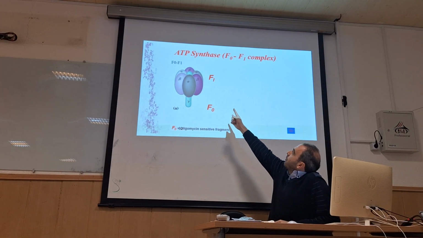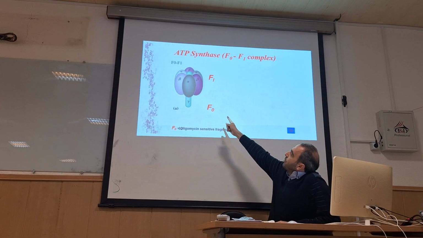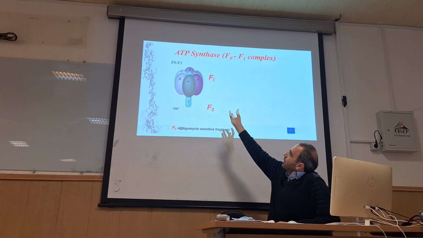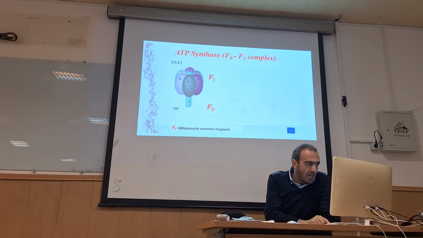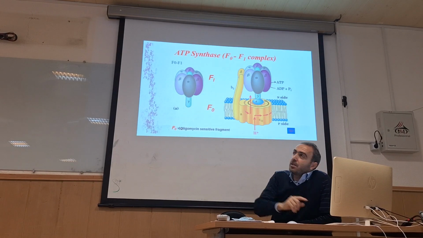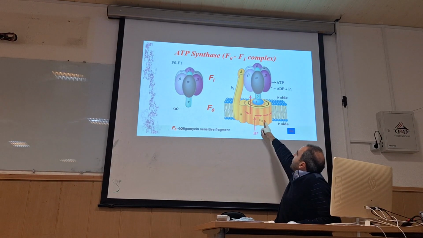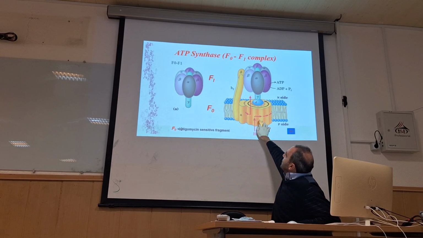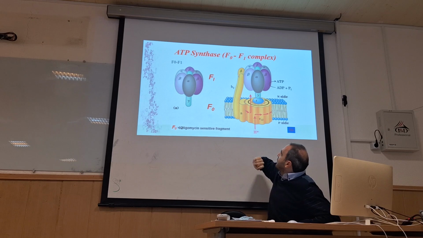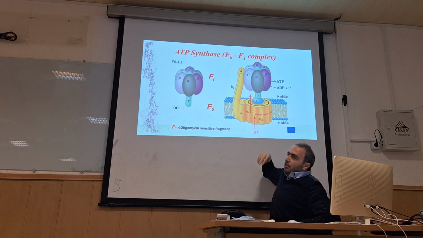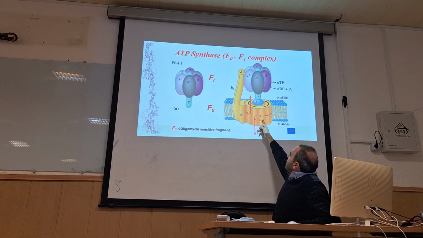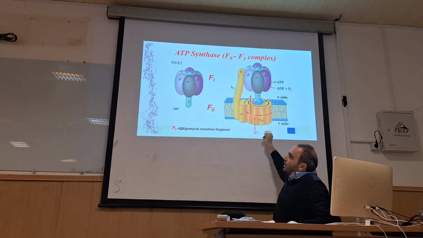The last part of our complexes is ATP synthase, or the F0, F1 complexes. F1 consists of 3 alpha, 3 beta, gamma, and epsilon. All of them are part of F1, and the beta subunit is responsible for production of ATP. F0 consists of 12 C, A, and delta, epsilon.